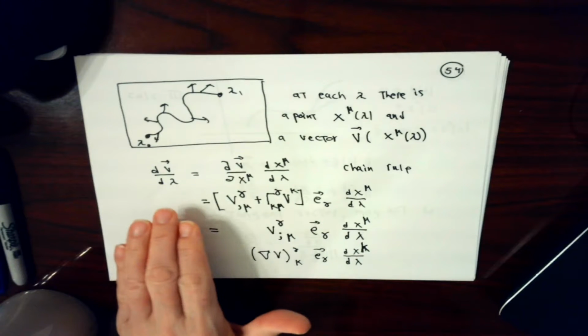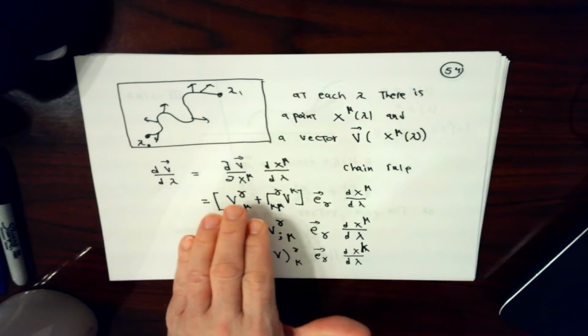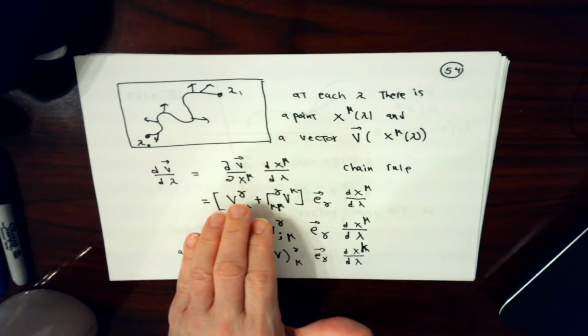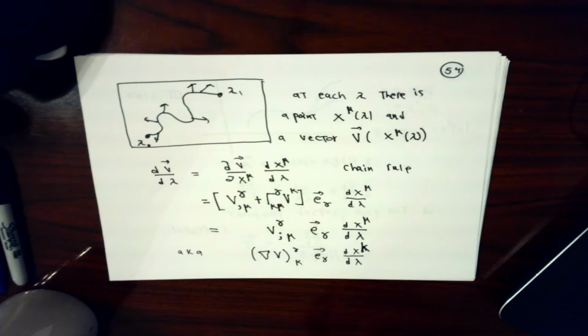As usual, the chain rule is true. The derivative of v with respect to lambda is the partial of v with respect to x mu times the derivative of x mu with respect to lambda. The summation over mu is implied. The numbers dx mu d lambda are components of a tangent vector to the path.